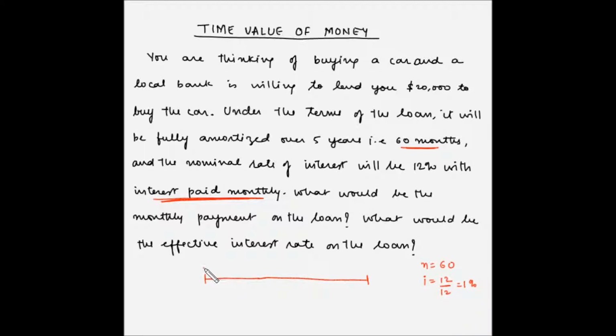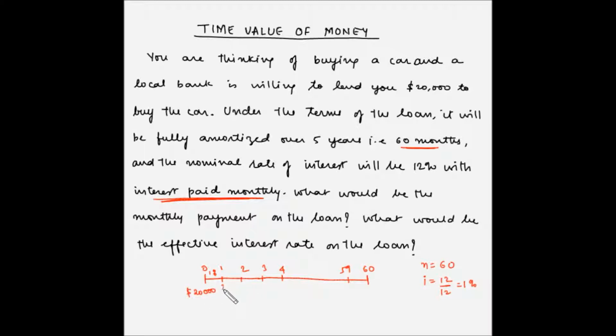On the time scale, let's say this is 0, 1, 2, 3, 4, and so on, and this will be 59 and 60. These are in months, and for each period the rate of interest is 1%.